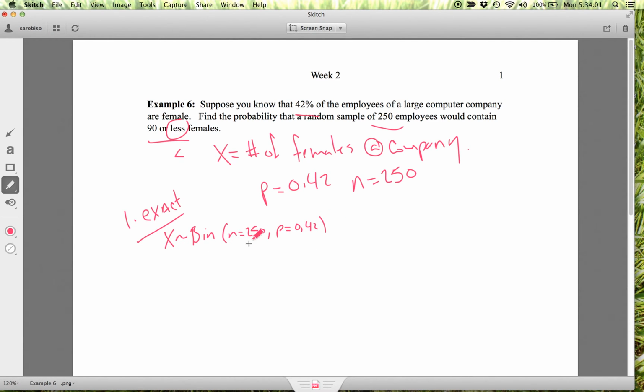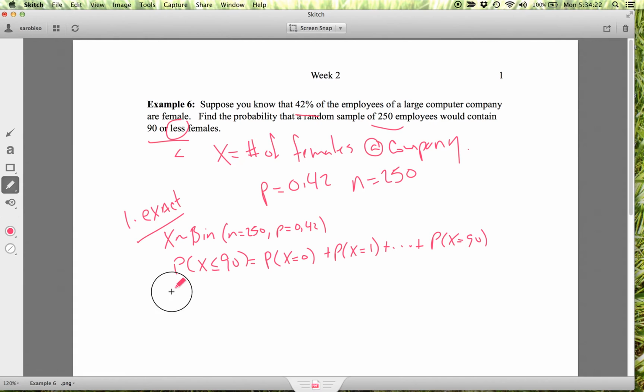What we're trying to find here is the probability that x is less than or equal to 90. How you could do this is finding the probability of x being exactly 0 plus the probability of x being exactly 1, all the way up to the probability of x being exactly 90.